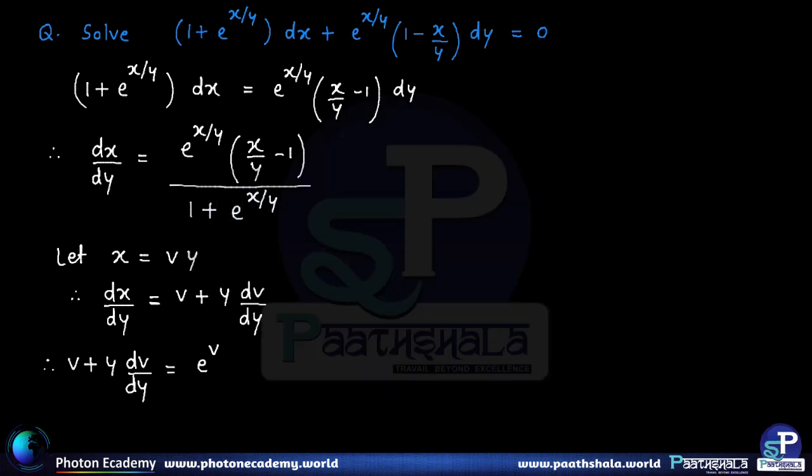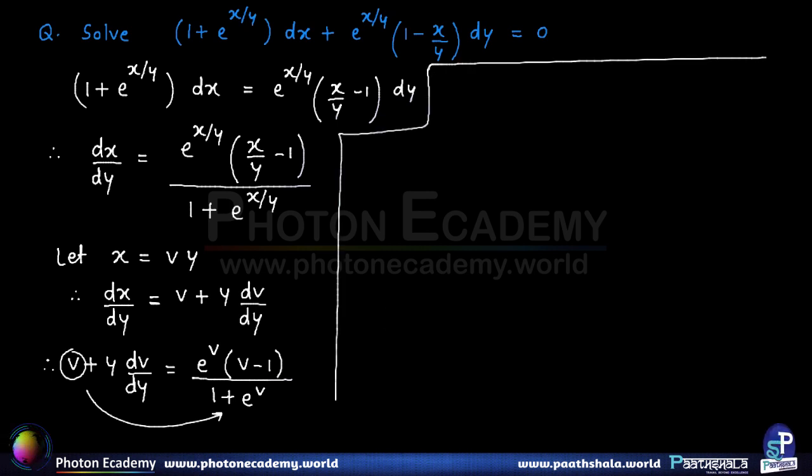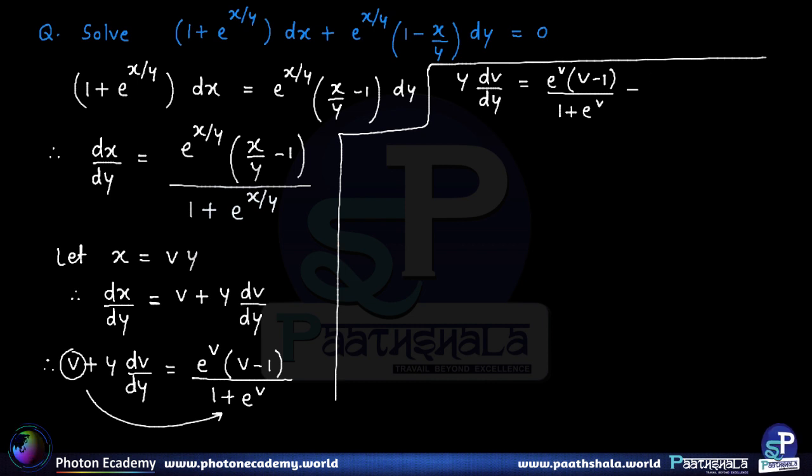Now we have one term v sitting on the left hand side, so let us bring it to the right hand side. So we can write y dv/dy = e^v(v - 1)/(1 + e^v) - v.